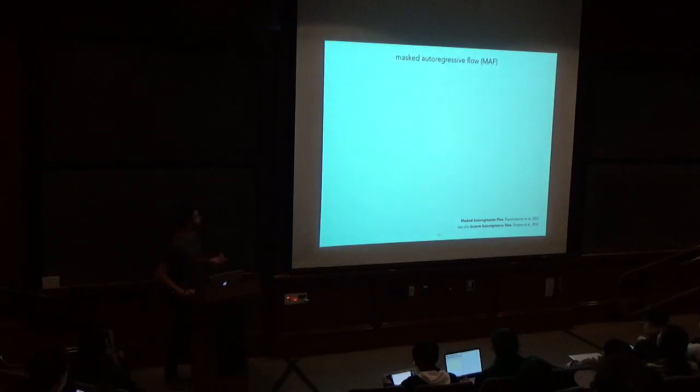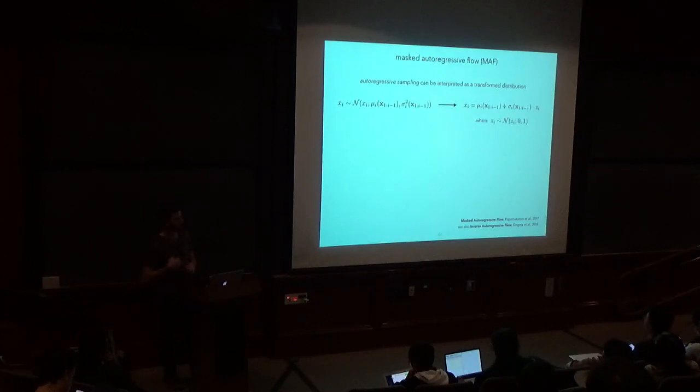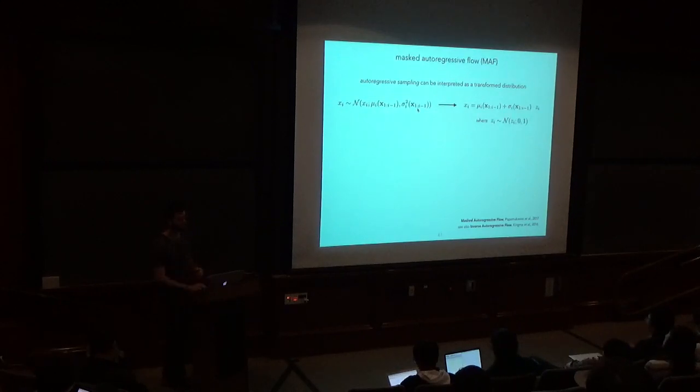And one very cool approach for doing this is what's called masked autoregressive flow, or MAF. So the intuition behind this comes from thinking about autoregressive sampling that we saw before as actually a form of transform. So we had x_i sampled from this distribution over x_i, which is given some mean, which is a function of the past dimensions, and then a variance perhaps, which is also a function of the past dimensions.